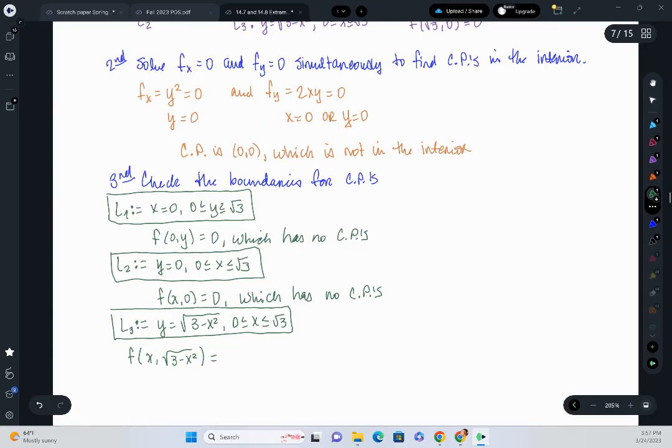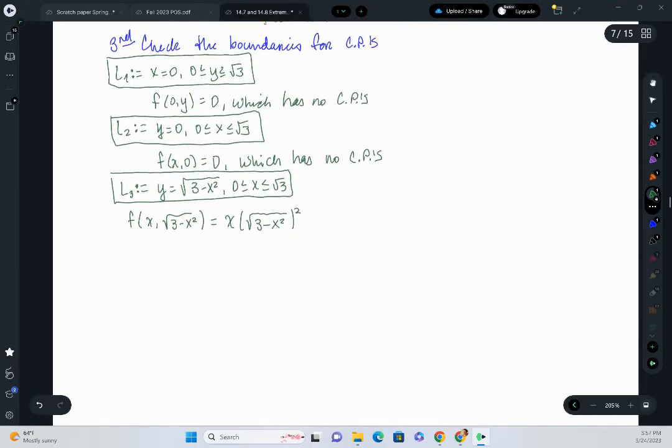Our function is x y squared, so the x gets to stay there. The y is now going to be replaced with the square root of 3 minus x squared, and then we're going to square it. The square and the square root undo each other, so we're left with x times 3 minus x squared, which is negative x cubed plus 3x.